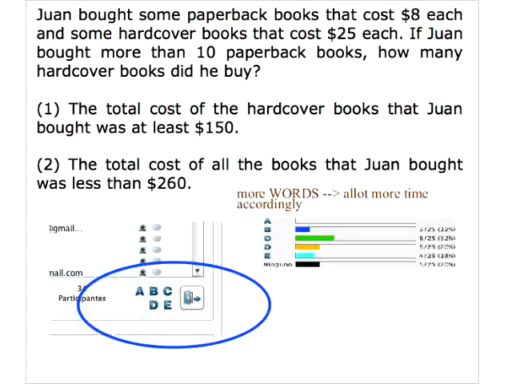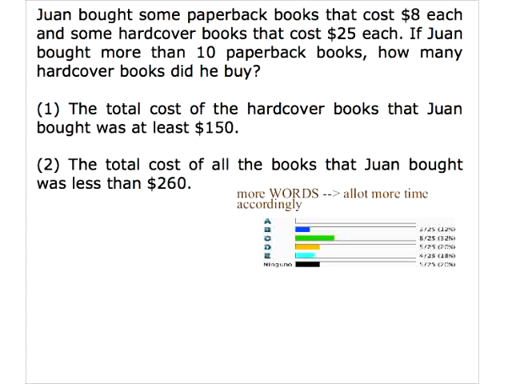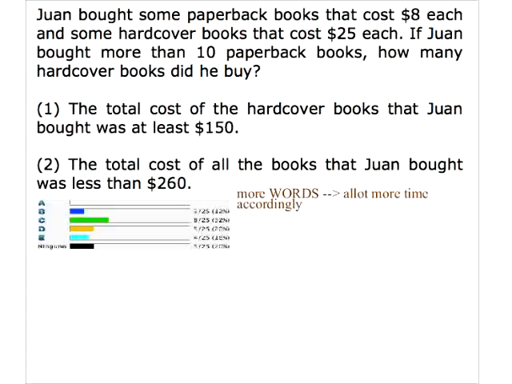Well, first, as with all other data sufficiencies, the first thing we have to do is focus on the issue. What's the question? The question is, how many hardcovers? So this is not a yes-no type question. This problem actually requires a specific value.